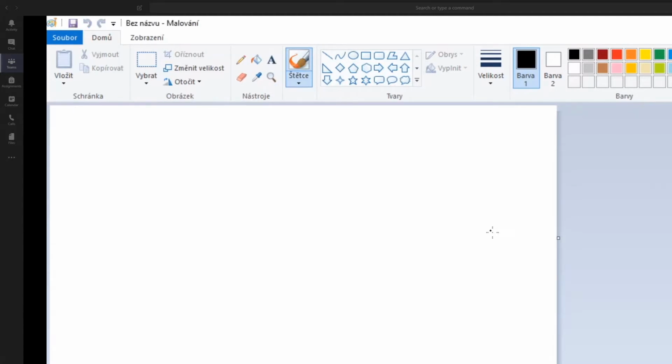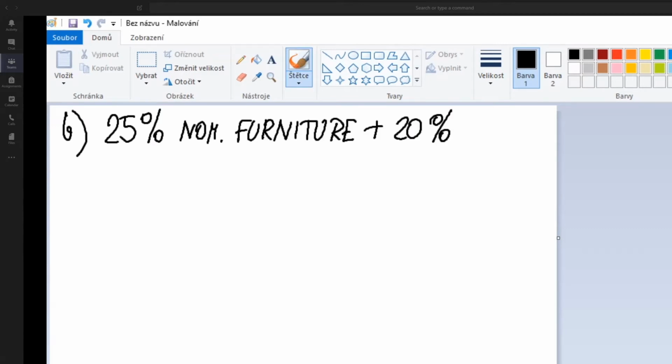Let's go to the B case. Let's have 25% nominal tariff on furniture plus 20% nominal tariff in the wood industry.